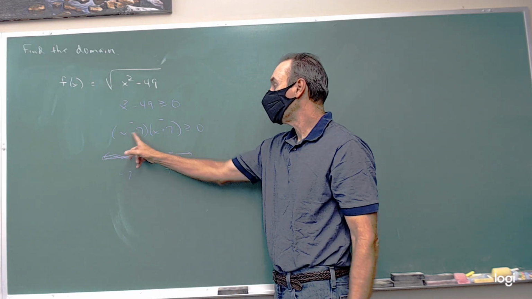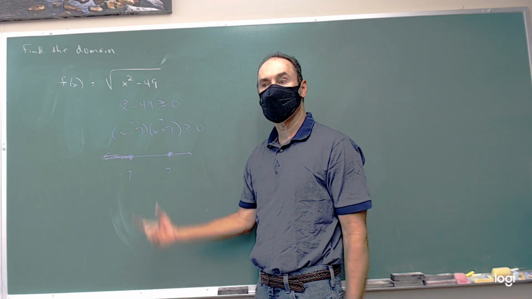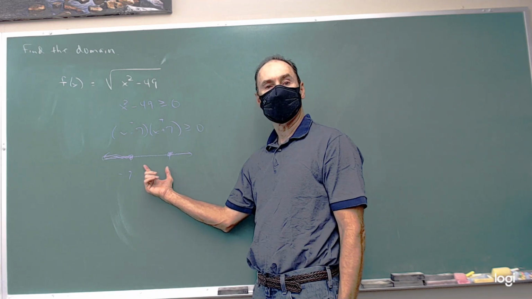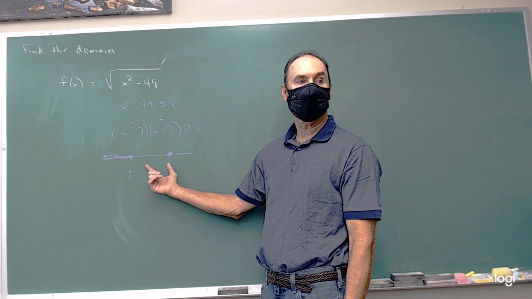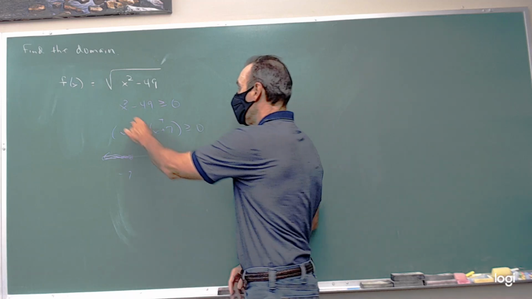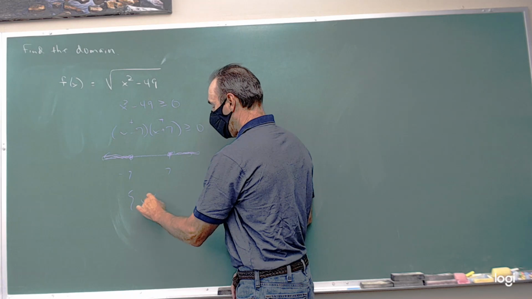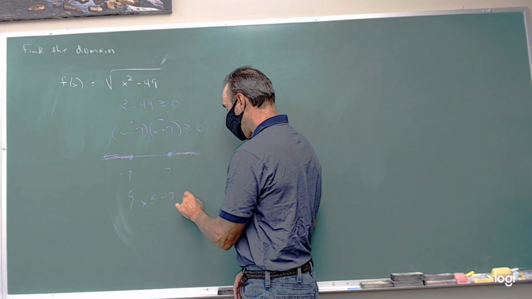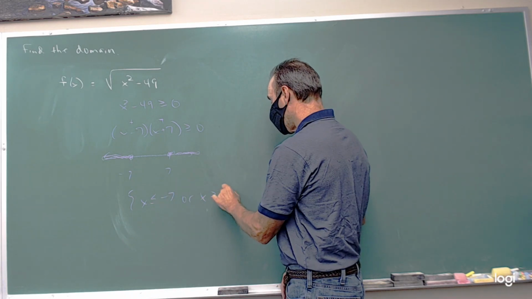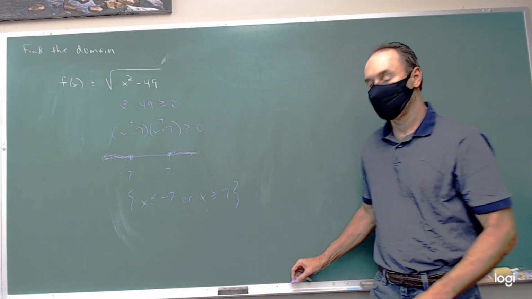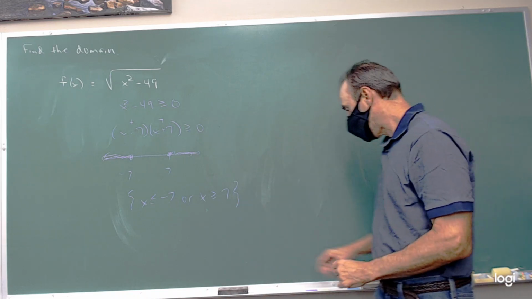Putting in 0, we get a negative times a positive, which is negative. That's not greater than or equal to 0, so we don't have anything in the domain from there. Plugging in 8, they both become positive. That's going to be part of the domain. So we write that as two separate inequalities with the word or in between them. Okay?